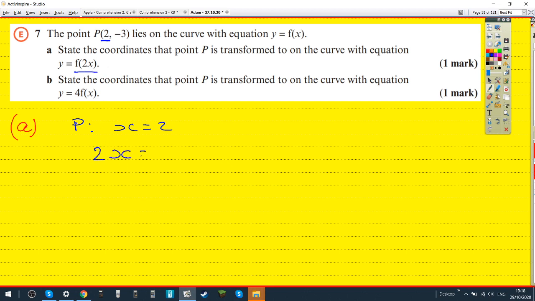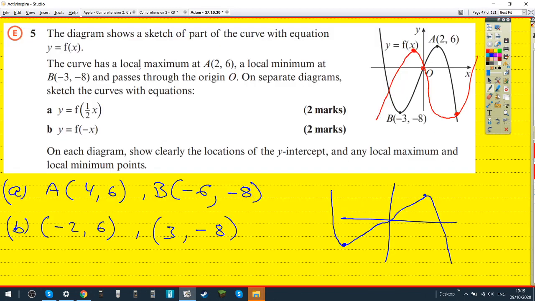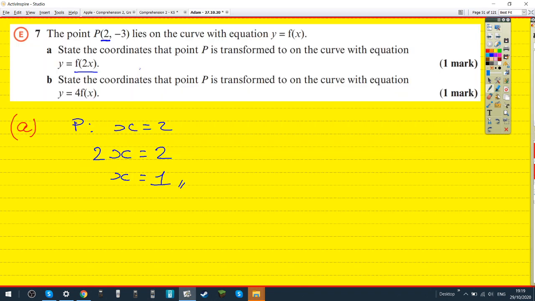No, it becomes 2x equals 2, so x is... no, 2x equals 2, 1x equals 1. Yep. So it's the reverse for the x. Instead of timesing it by 2, you halve it, just like when we had a half x, we were doubling it. B.